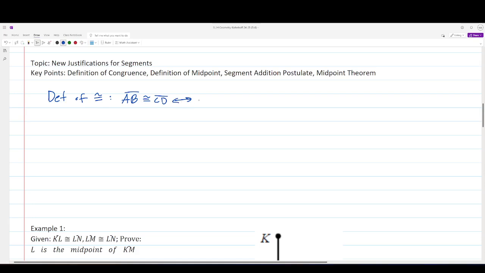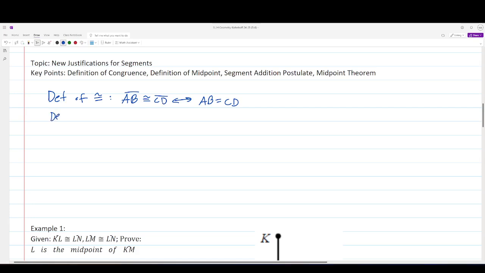So AB is congruent to CD if and only if the length AB is equal to the length CD. So that's our way to switch between the world of geometry, where we use congruent, and the world of algebra, where we use equals. So it basically swaps us between universes of geometry math and algebra math.